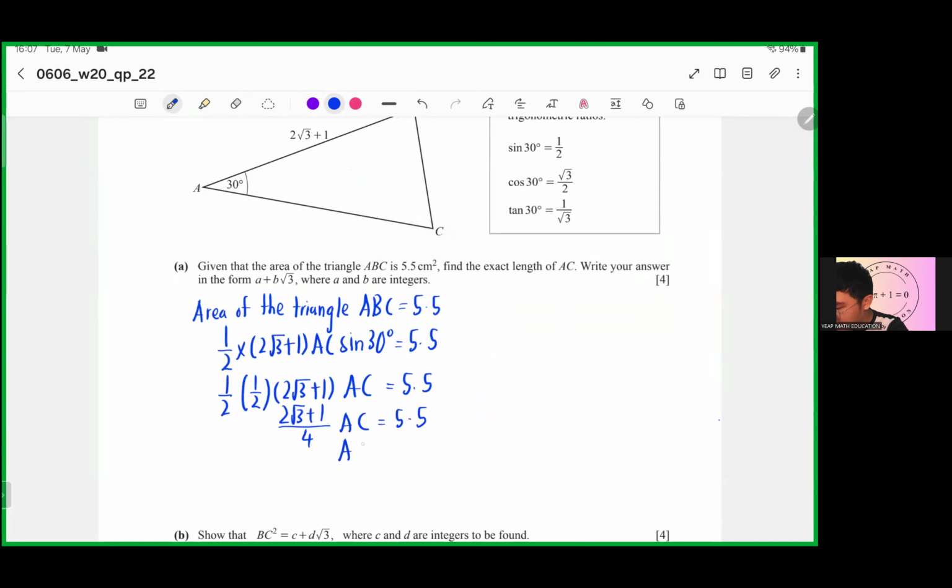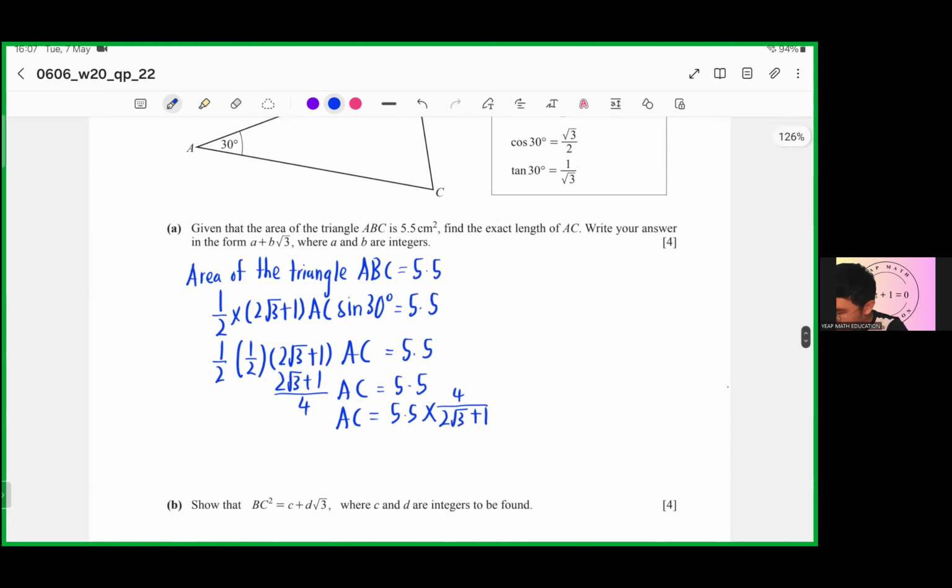So let's see what the value is. AC equals 5.5 times 4 over 2 root 3 plus 1. I hope you can understand this part. 5.5 times 4, actually it's 22. So 22 over 2 root 3 plus 1. Now we have found this part.